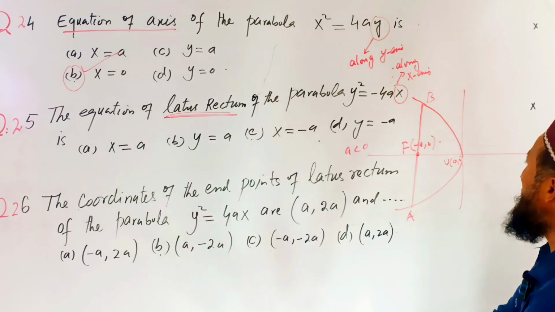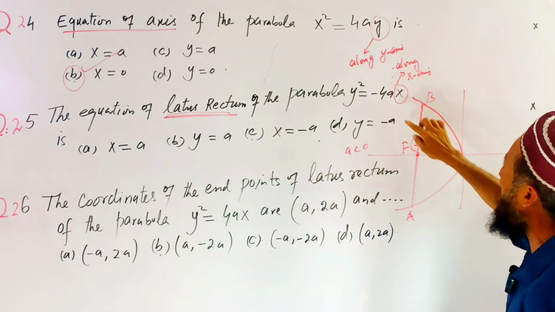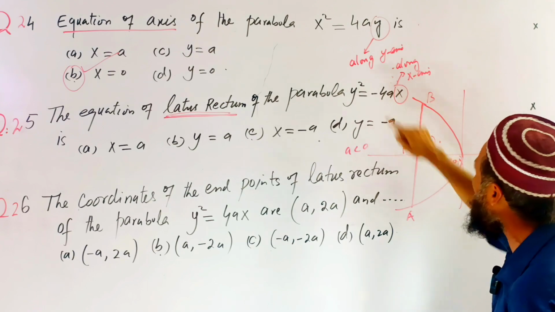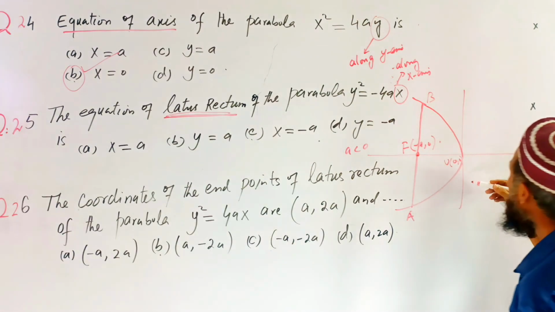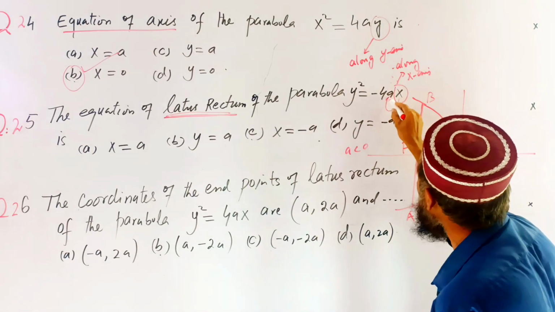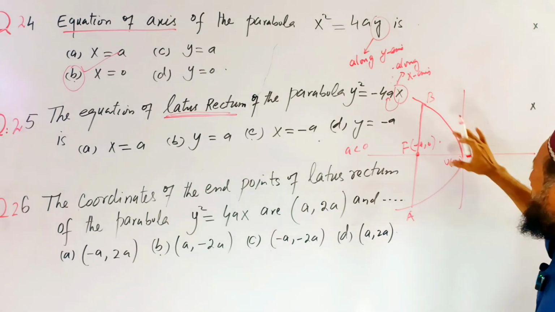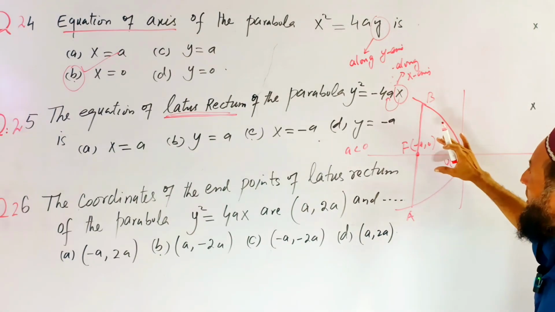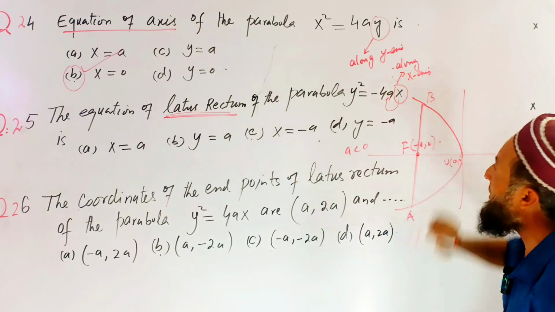So that equation is required if the parabola is along x-axis. So we take x is equal to minus a. The original we will take here x. There will be no change in the equation, because we take the original points, a, x is equal to minus a.